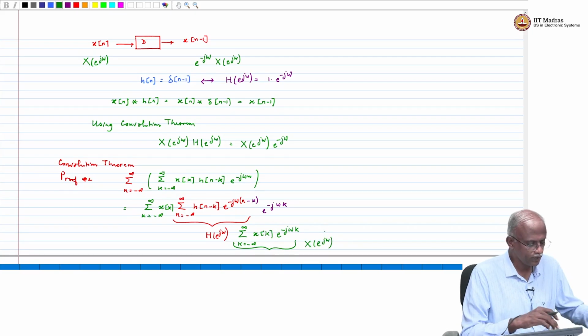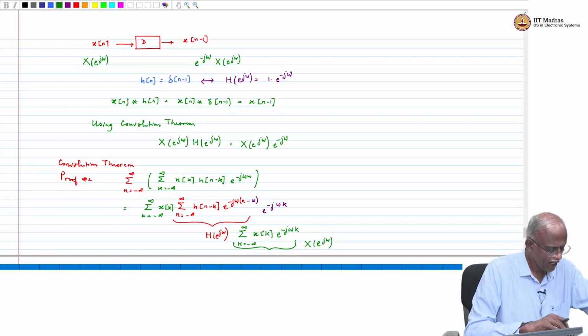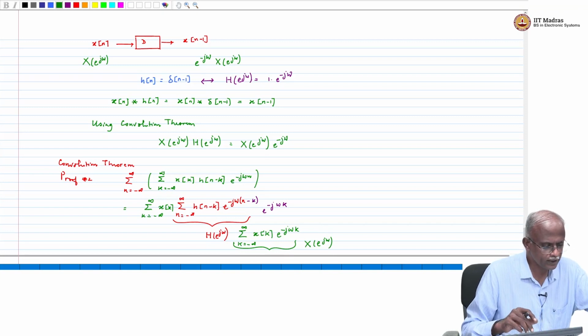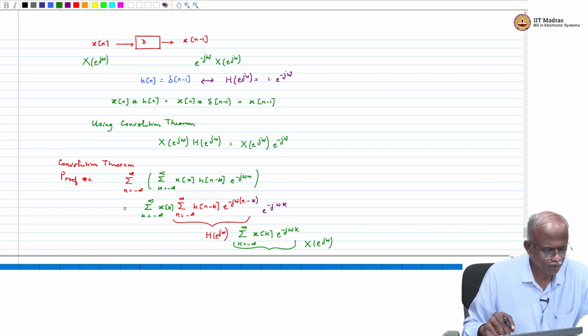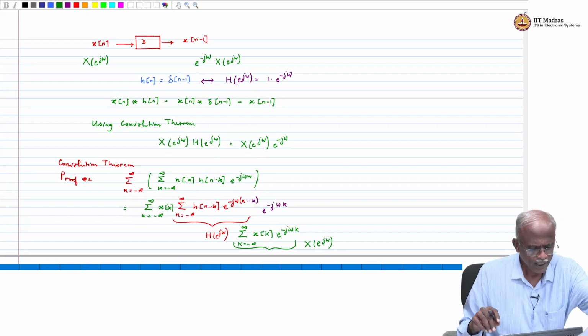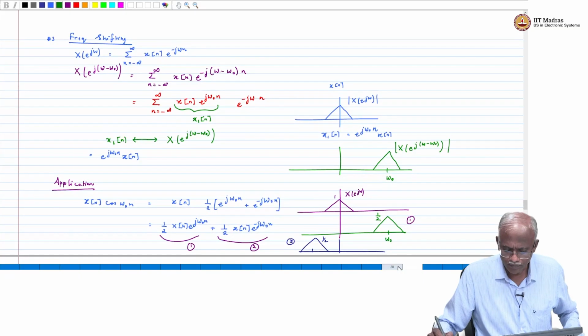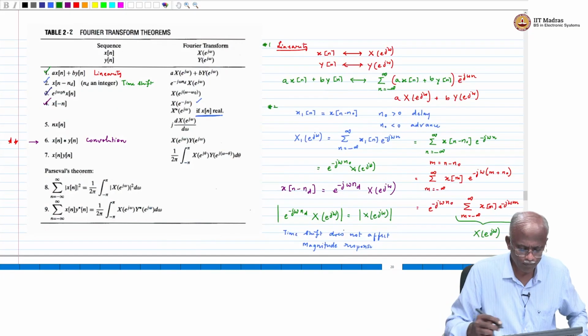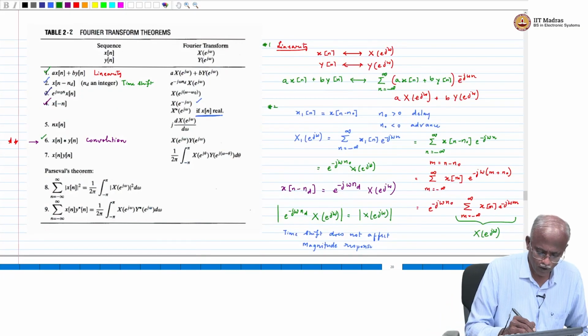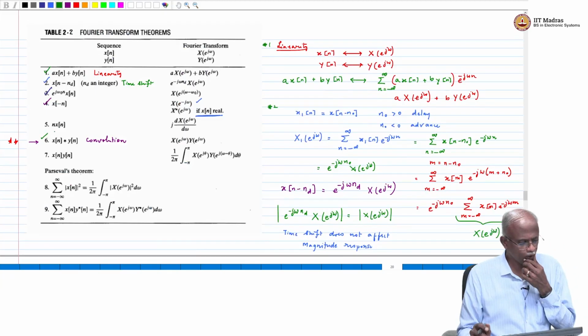Two ways in which we have proved the result, and you can utilize this in a very powerful way. Now, moving on, if you look at the table that we have been working from, we have proved several of the important results.